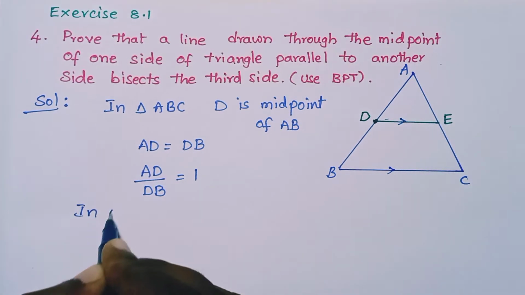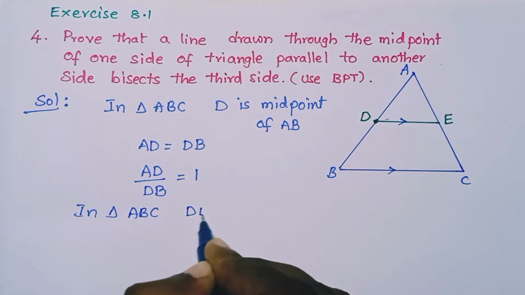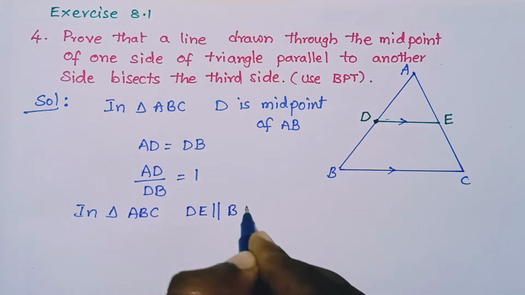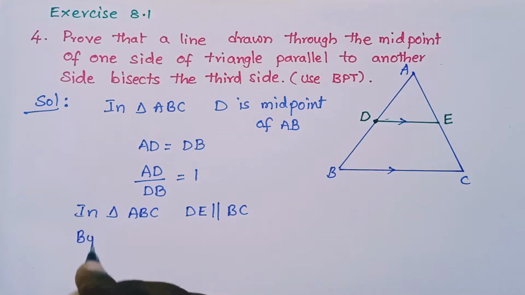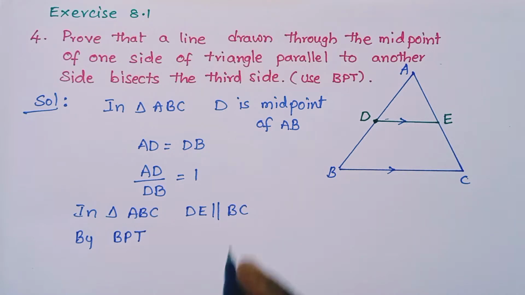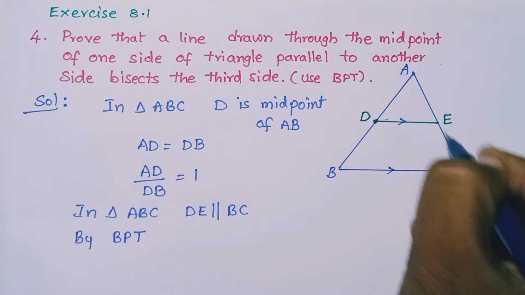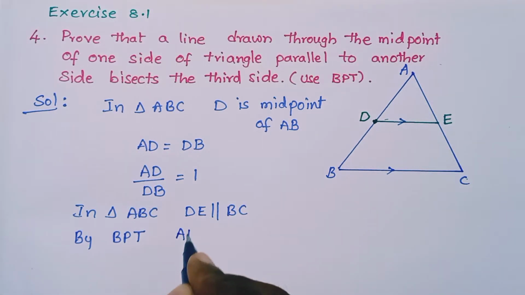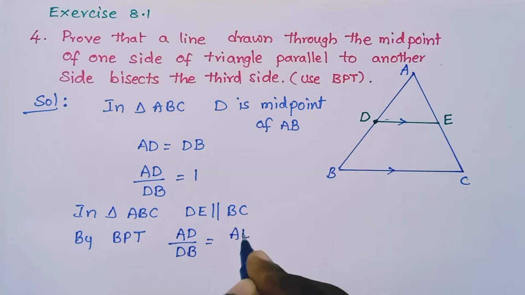In triangle ABC, DE is parallel to BC. By basic proportionality theorem, we can write AD by DB is equal to AE by EC.